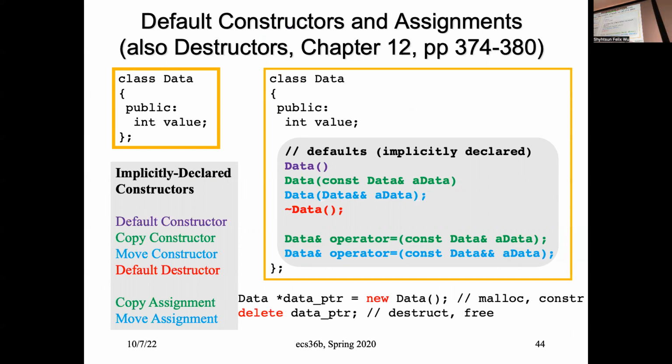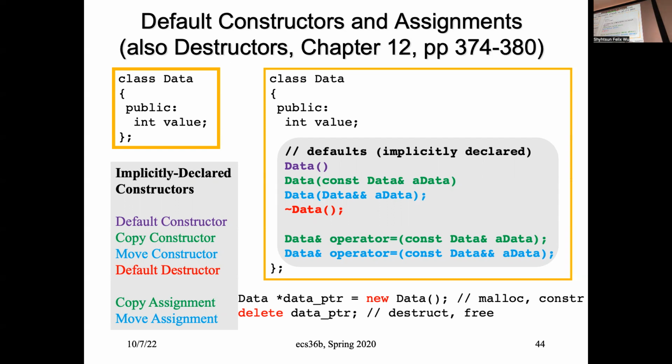The second one is called the copy constructor, which is the most commonly used constructor. By the way, all of them could be implicitly defined, meaning that if you don't write them, the compiler already includes them. That's why it's called an implicit constructor. So there's a default one, there's something called the copy constructor, and there's something called the move constructor.